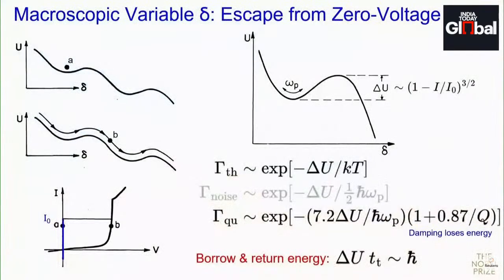As we've discussed before, we're interested in the zero voltage state where it looks like a good superconductor. And then if you have too much current through that, it goes into a normal voltage state, rolling down the well. And this transition is determined by going over or through a barrier that we've described here. And that barrier height goes to zero when I goes to I0. It goes as the 3/2 power of how close it is to that.